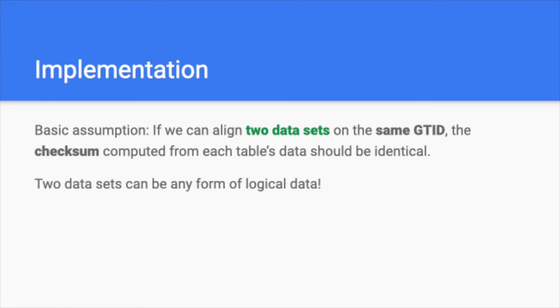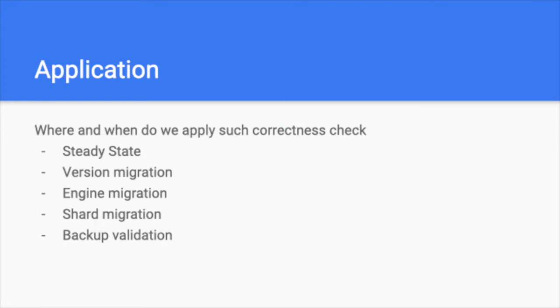Depending on how we choose the data set on the A and B side, we'll be able to achieve these correctness guarantees for these scenarios. Steady state: we have lots of replica sets, so we want to make sure every single instance in the replica set looks the same. Also, we're doing a lot of migrations, sometimes going from 5.6 to 8.0, sometimes going across engines from InnoDB to RocksDB.